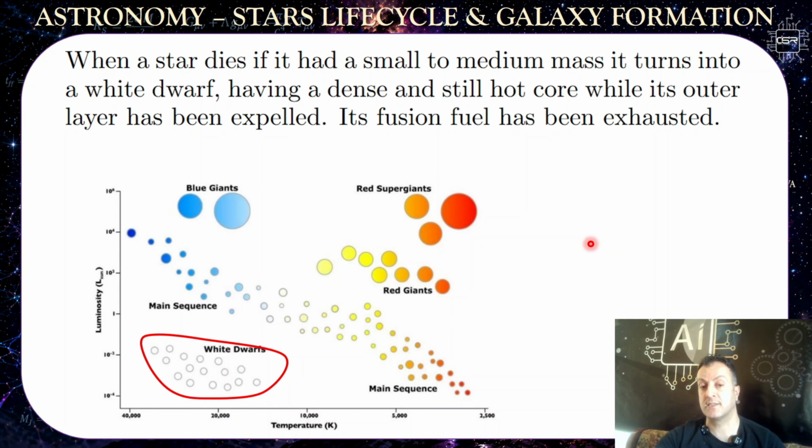This is the main reason why you would no longer see this brightness when it comes to white dwarfs. They are still very hot, but they are not as bright as you would suppose.